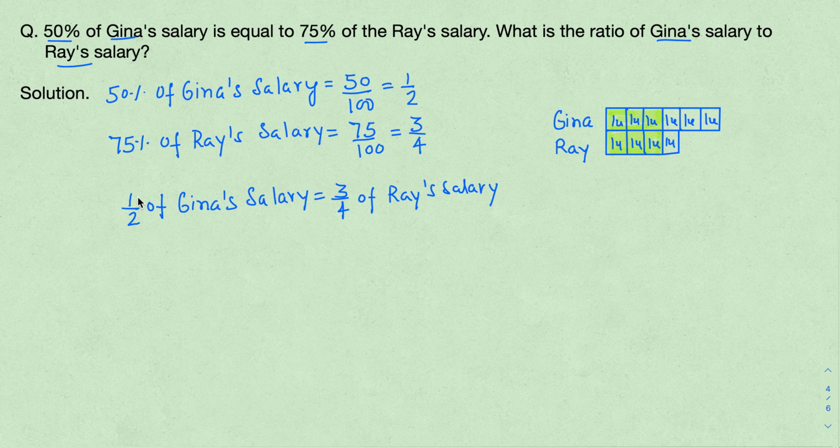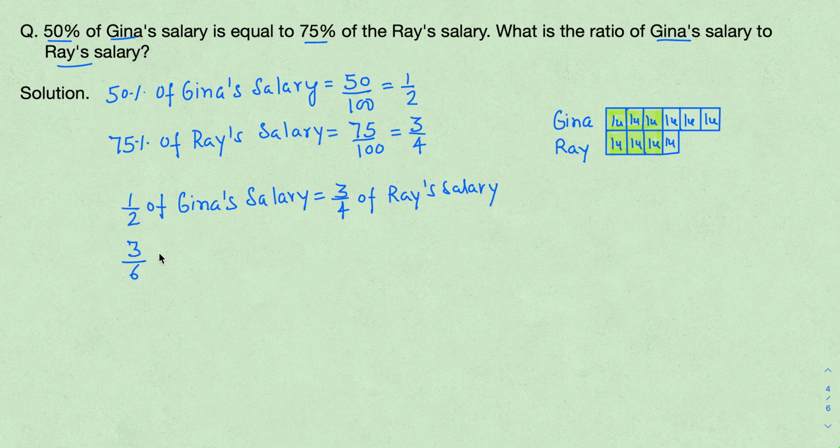It's easy. 1 by 2 is also equal to 3 by 6, right? It's just the equivalent. Just multiply numerator and denominator by 3, so we'll get 3 by 6.